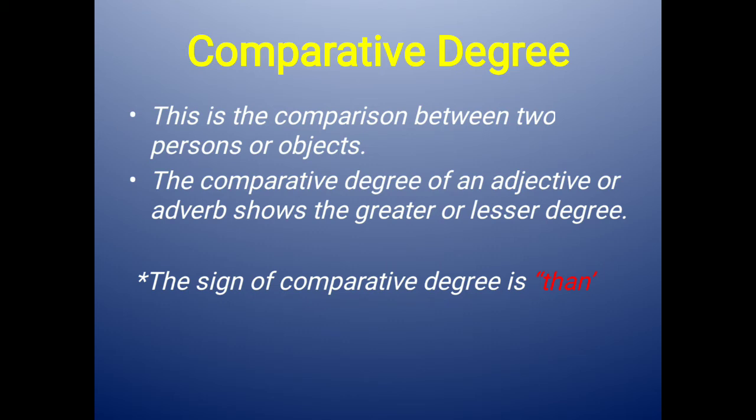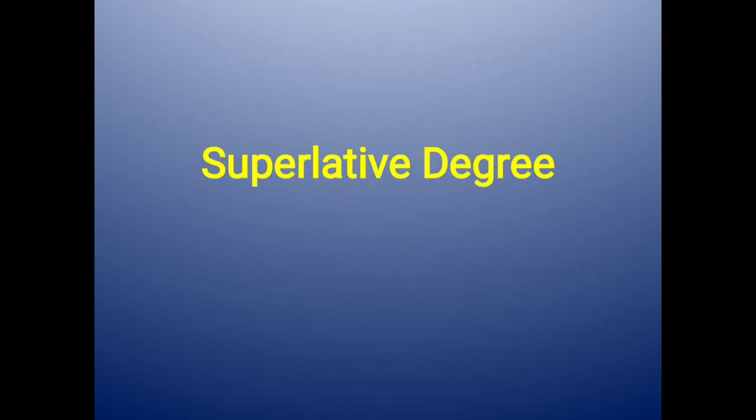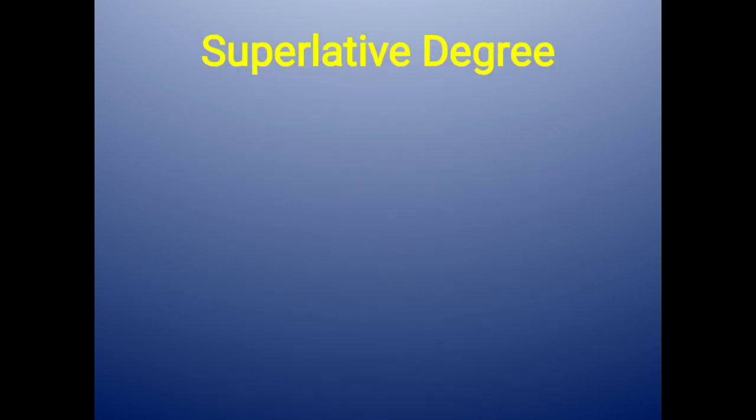If the sentence contains the word than, you can easily tell the other person that here we have comparative degree. After this, the last degree which we need to discuss here is superlative degree.